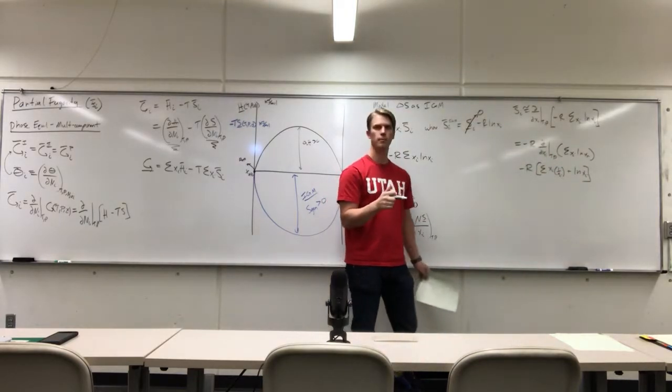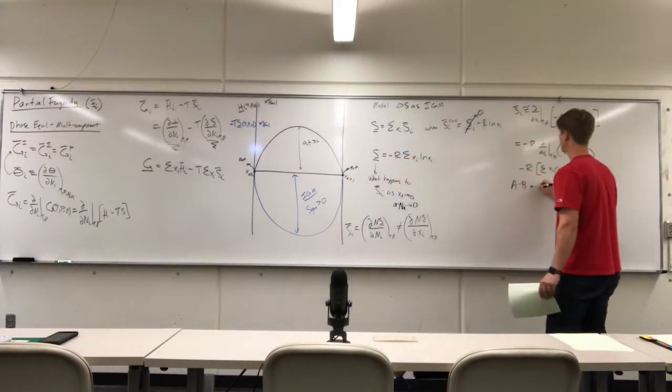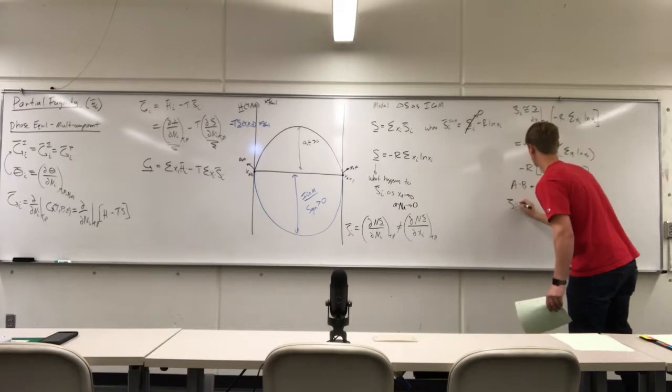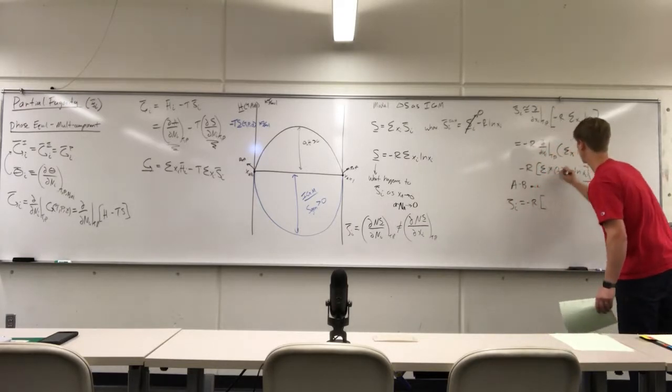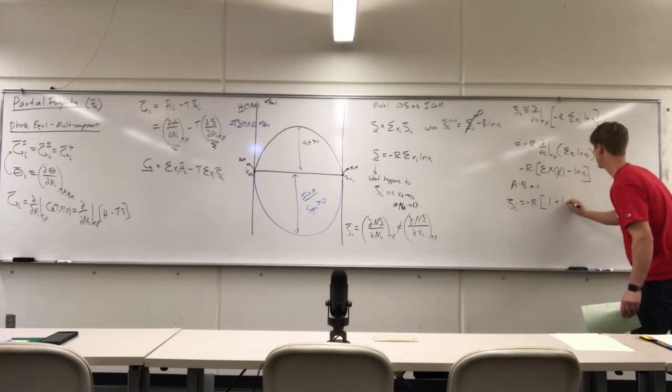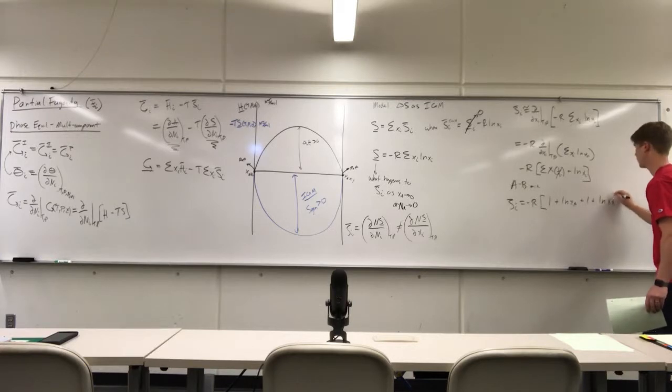So far, so good. Now we substitute for an AB mixture. This cancels with this. We have 1 plus natural log of x of A, plus 1 plus natural log of the mole fraction of B.